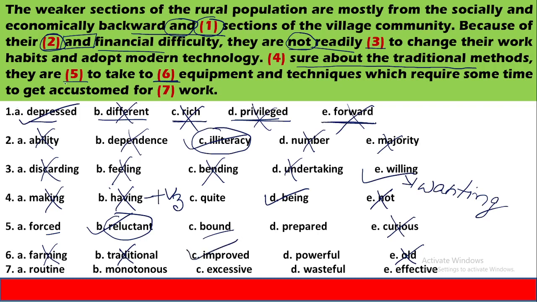They are reluctant to start using the equipment that is modern or improved in quality and techniques which require some time to get accustomed for the work. It means after adopting the new technology and new equipment, they will need some time to get accustomed to get the best use of those equipment and techniques.